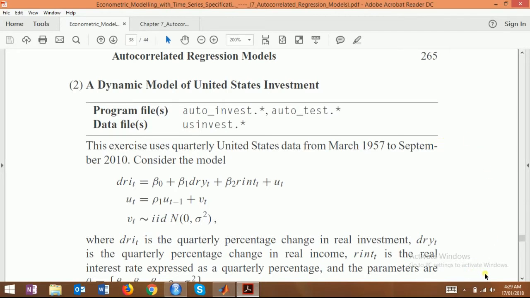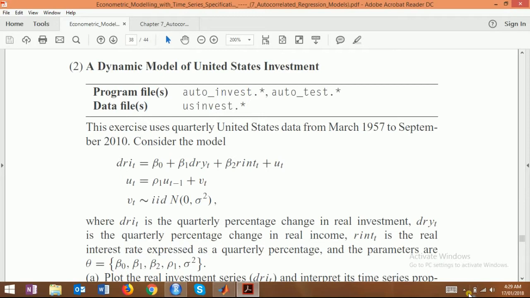Here DRI is the real investment, equals beta naught plus beta 1 real income plus beta 2 real interest rate plus UT, and because UT is not IID here, it is autocorrelated, hence UT equals rho 1 UT minus 1 plus VT, where VT is IID.